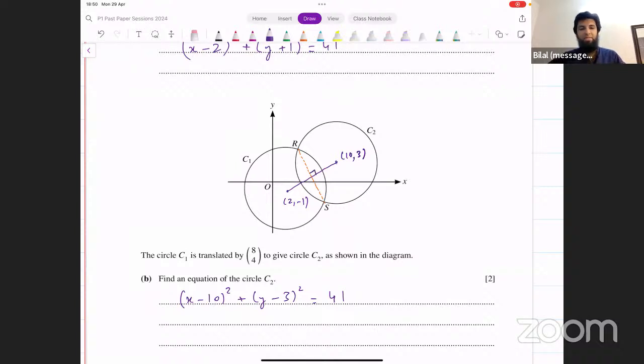So RS is basically the perpendicular bisector of the line joining the two centers. So all you have to do is find the perpendicular bisector of these 2 points. And that's it. And that will give you the result. Make sense?